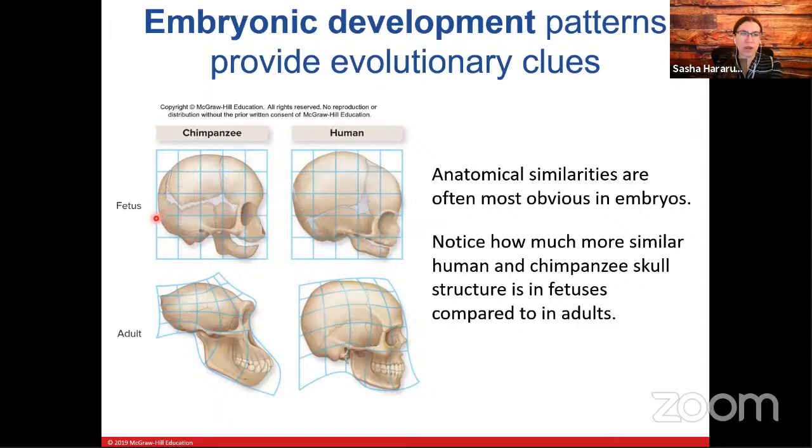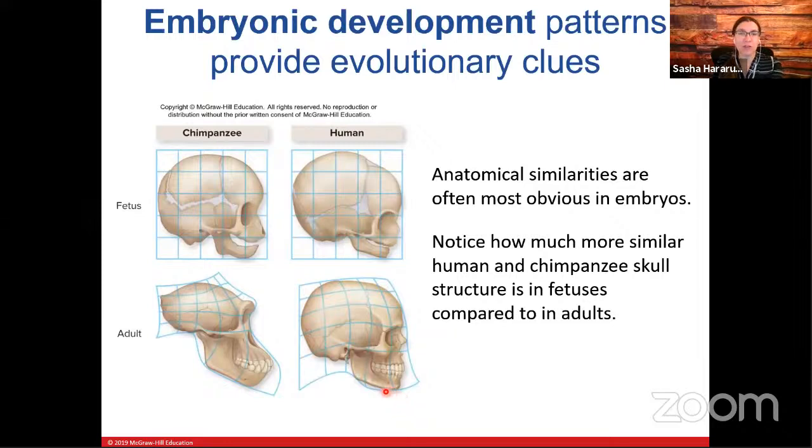At the fetal stage, a chimp and a human look very similar. But once the fetus is born and gradually develops into an adult, we see more and more dissimilarities in the anatomical structures of chimpanzees and humans.